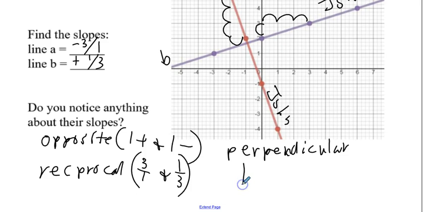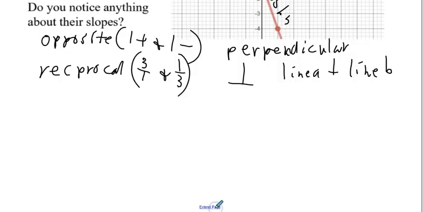And the symbol for it is this, an upside down T. So we can say line A is perpendicular to line B. Okay? So they have to have opposite and reciprocal slopes. So combining those two, that's why we have 1/3 and negative 3 over 1. They have to be both opposite and reciprocal.